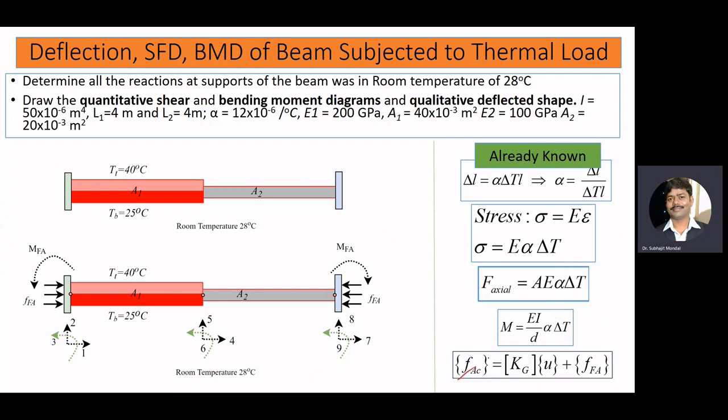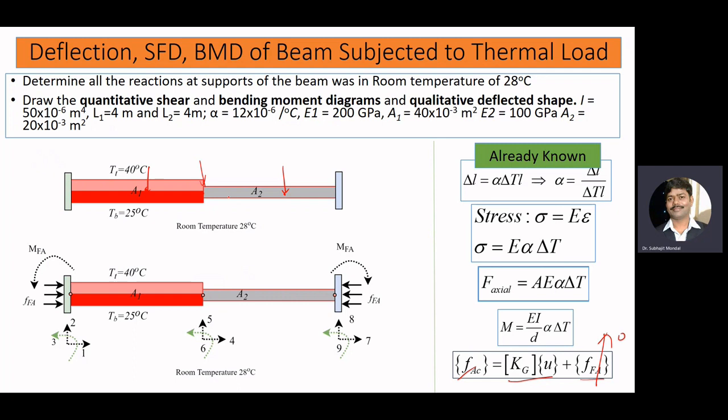So we are going to solve this equation: F is equal to K times U plus the force acting as a fixed end. If the forces are acting at the node, in that case you'll observe that this part is going to be 0.